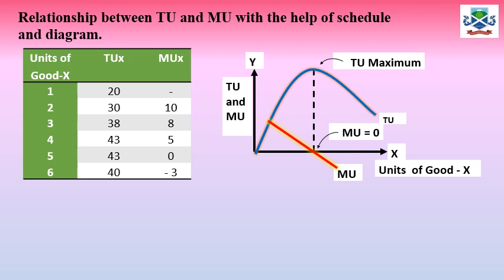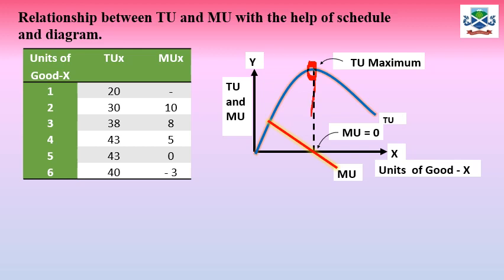Where there is a saturation point, if you draw a line from that point, you will find that the MU curve is passing through this point. The intersecting point will be over here. So when we draw the line, you will find that the marginal utility curve intersects the x-axis when TU is maximum.